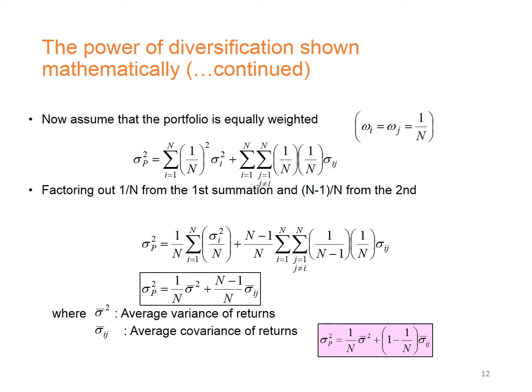Here we assume the portfolio is equally weighted. N represents the number of stocks. After factoring and simplifying the equation, the final formula is shown in pink color. This formula can be applied to calculate the variance of the portfolio.